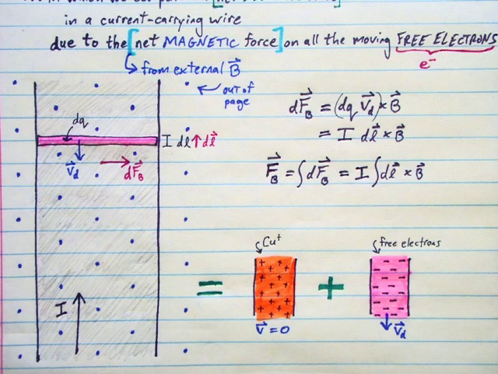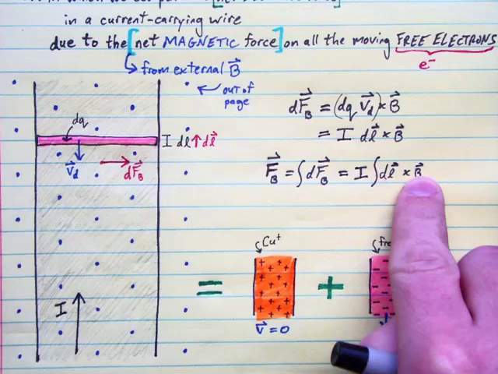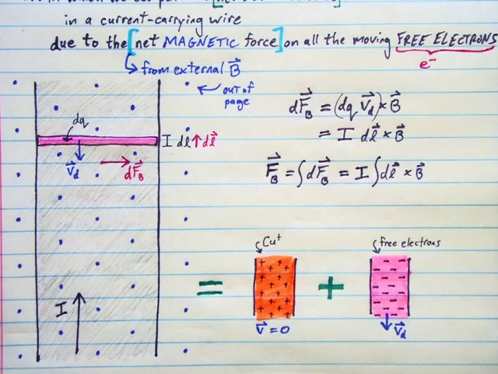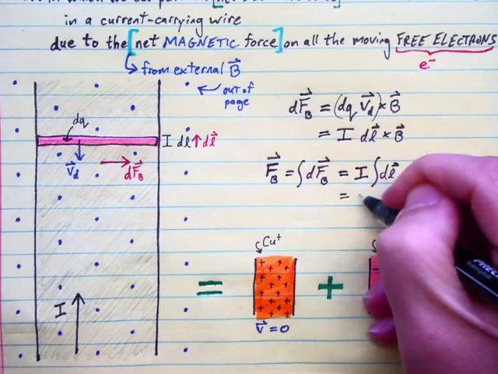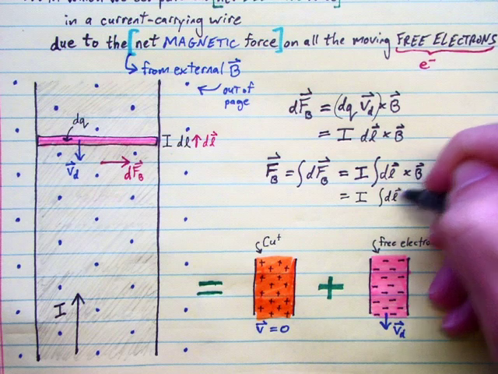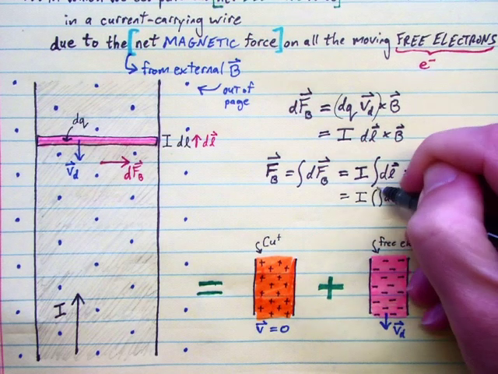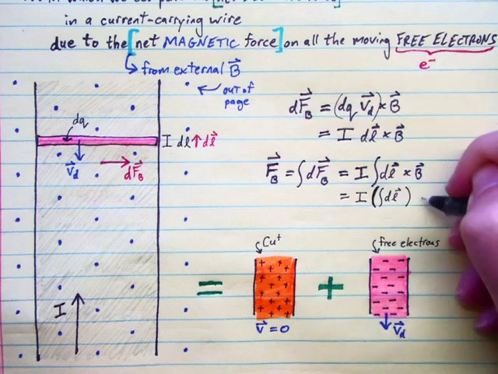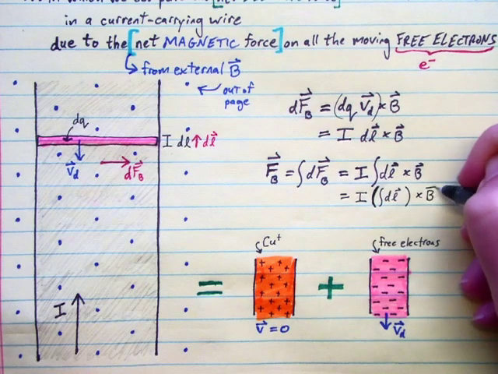B is also constant for all little cross sections, so this can be rewritten as I times the integral of all those dl's, and we'll pull the cross B out off to the side over here.